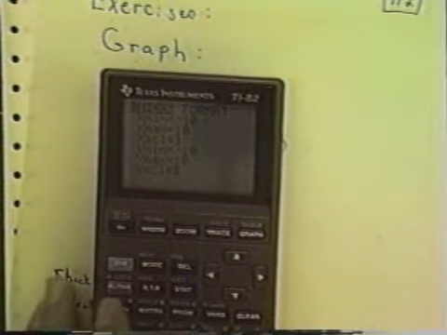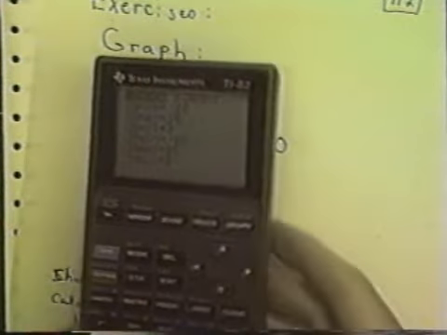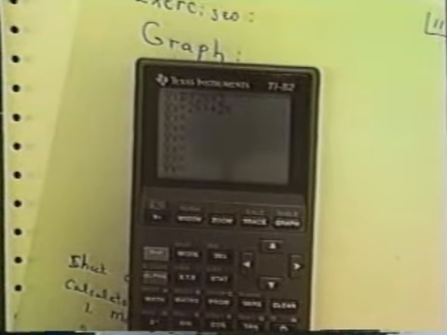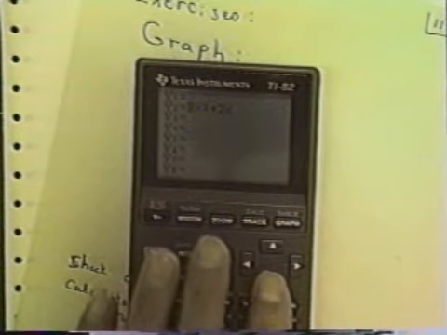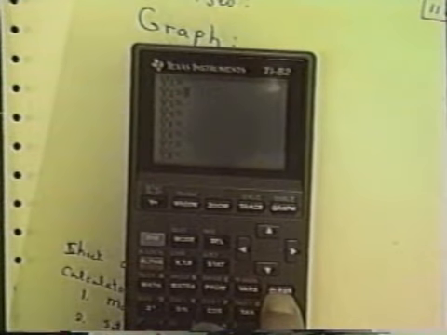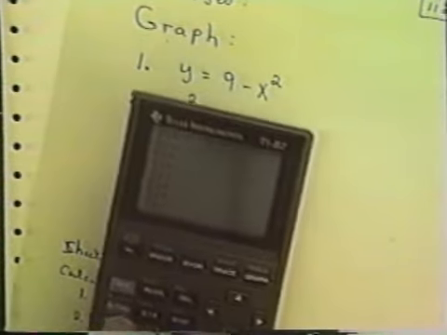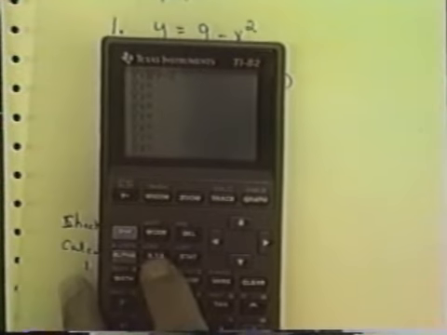Now once you set your window, then you want to push the y equals key, and right here is the y equals key. And if you have anything already in it, you can go ahead and clear it out. So if there's anything in, clear it out by hitting this key. Now once you get it cleared, then you can go back up and you can put in your first equation, which was 9 minus, now to hit x, you hit this key.